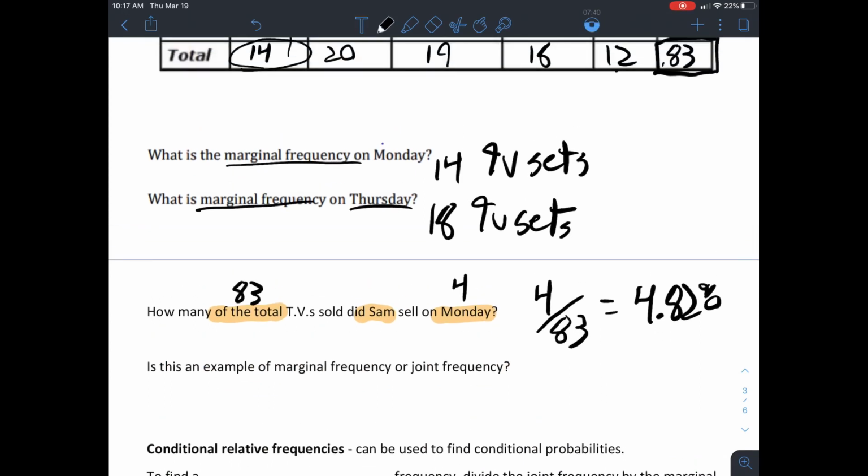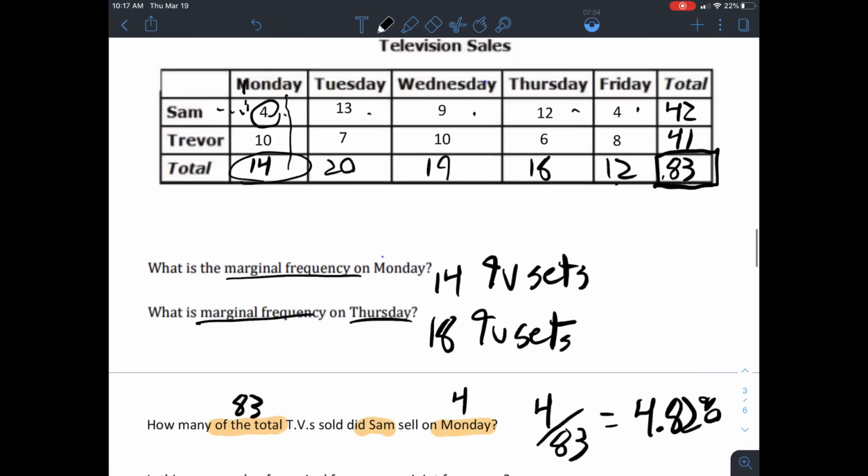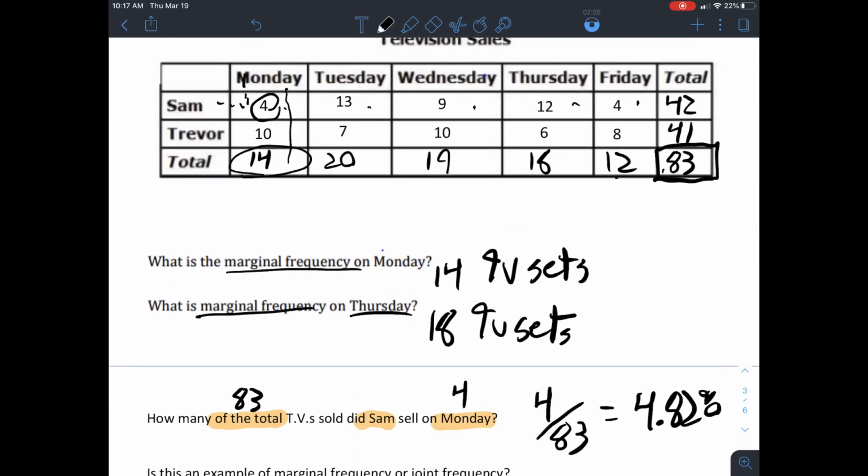All right? So is that an example of a marginal or a joint frequency, guys? Well, let's see. 4 over 83. 83 is our grand total, so it's something over our total. Now, was it a margin over our total, or was it a joint over our total? Because that'll determine whether it's a joint or a marginal relative frequency. So let's look. 4 is within our joint frequencies.